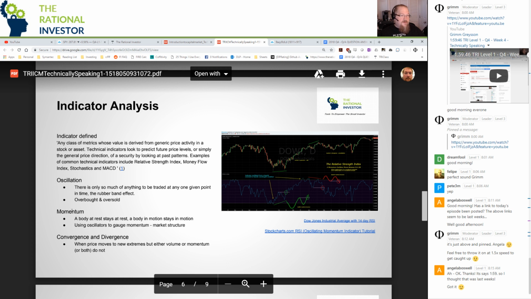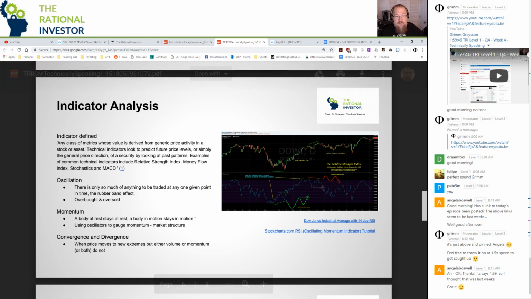And then we talk about momentum a bit, right? So momentum absolutely applies to even these non-tangibles like price and market action, okay? When price is in motion, it gets more quickly in motion.